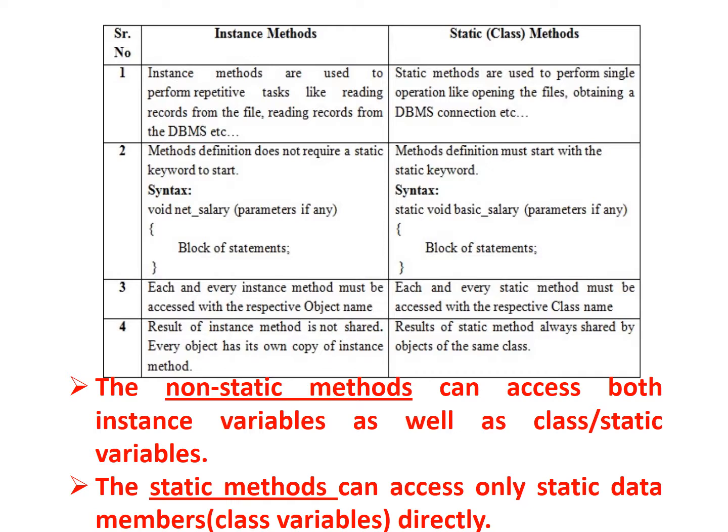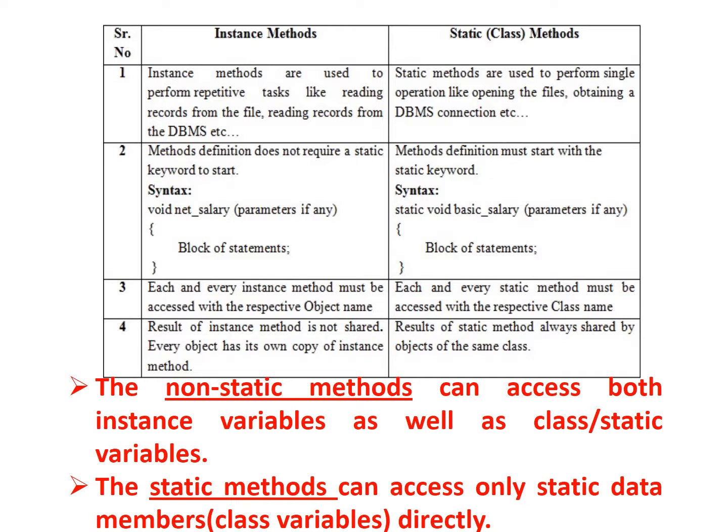Third point, every instance method must be accessed with the respective object name. An instance method needs the name of the object to be called, whereas static methods are also known as class members, therefore they need the class name to be accessed.